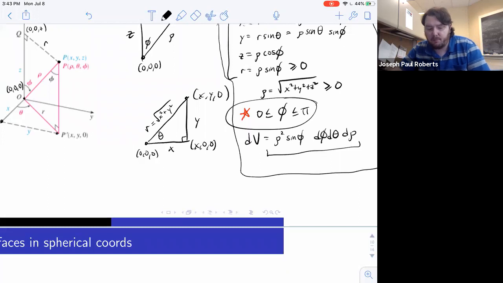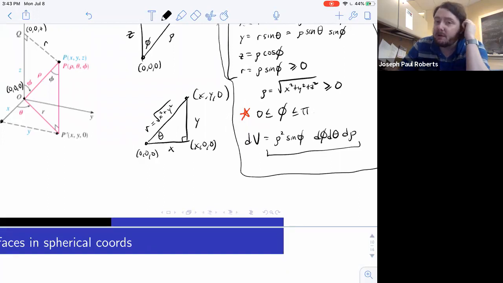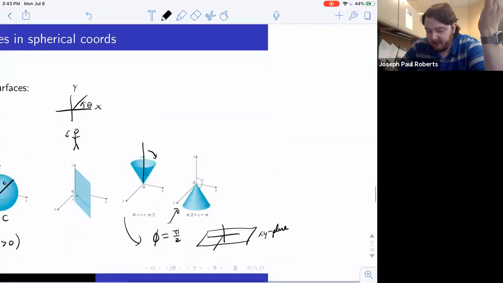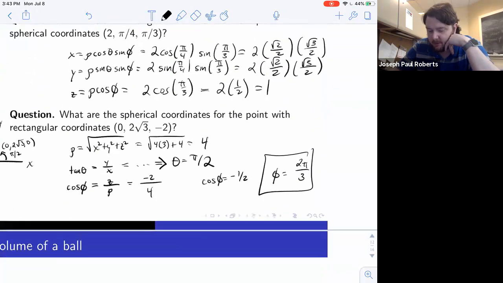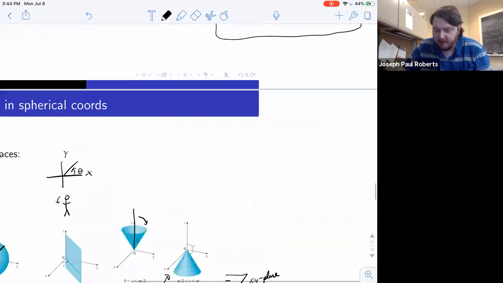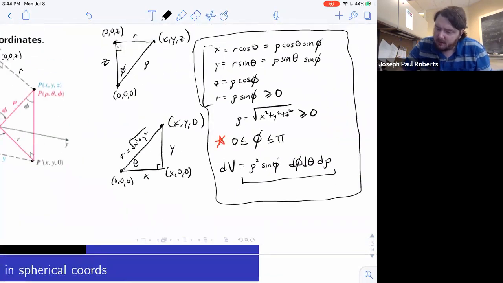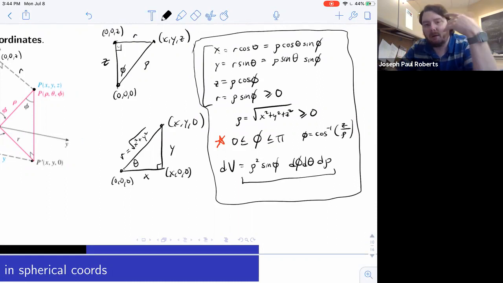We never break that rule. And 0 to pi, you should remember, is the range of inverse cosine. So that's nice, that you don't have to do any thinking. I guess I can write that here: because of this, phi is always inverse cosine of z over rho. You don't have to worry about any other possibilities.